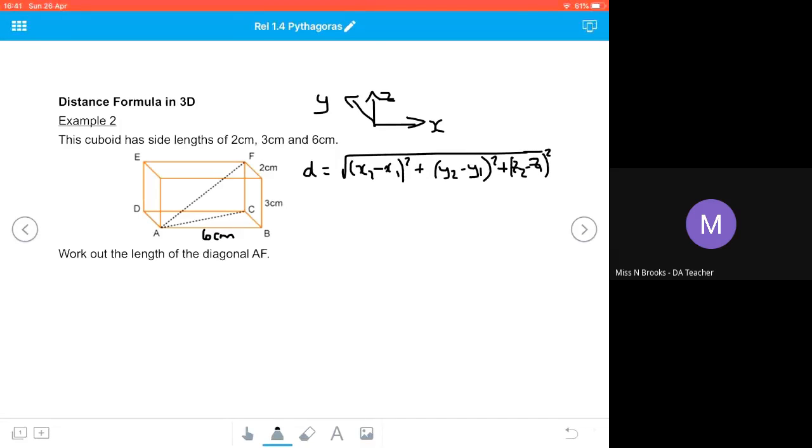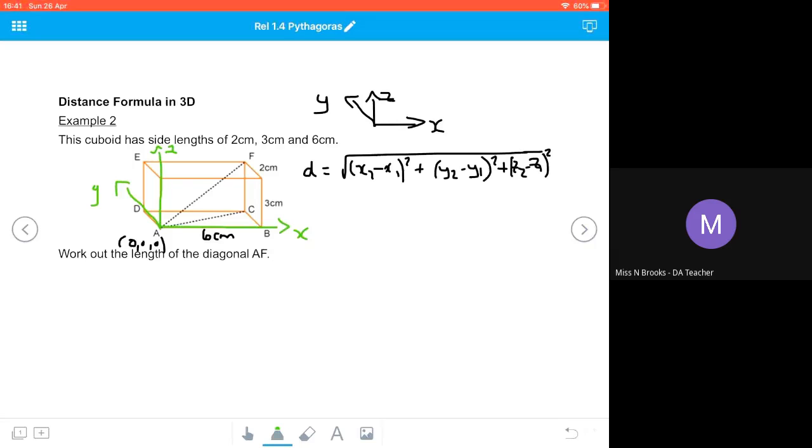If we imagine that A is the coordinate 0, 0, 0, so the origin of our axes, if we then draw those axes on, so let's use green, that's my z-axis, that's my x-axis, and that's my y-axis. That's x, y, and z. If I want to know what AF length is, then for F, I need to work out what the coordinate of that point is.